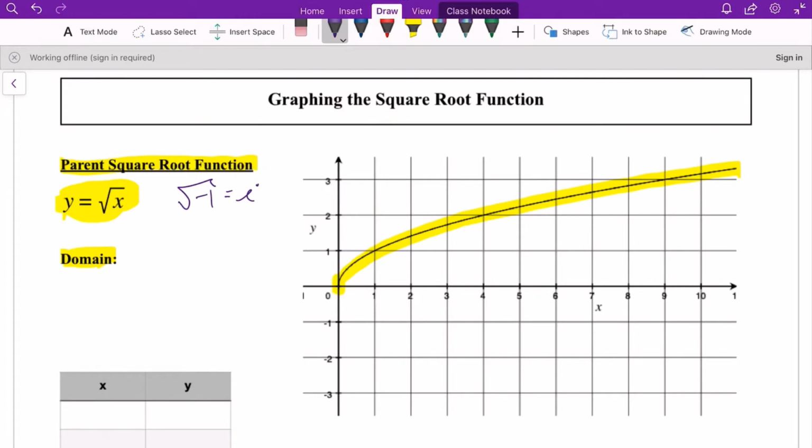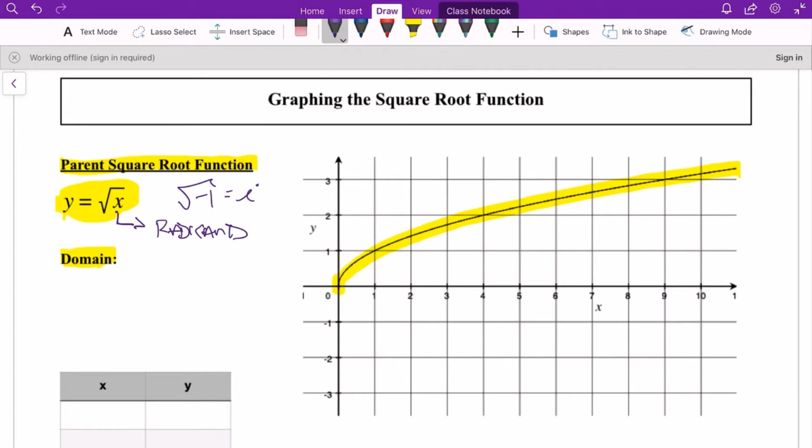So we need to make sure that everything under the radical, the term under the radical, which is actually called the radicand, stays non-negative after we substitute values in for x. The radicand must be non-negative, which means we can have 0 under there, and we can have positive numbers, but we just can't have anything negative.